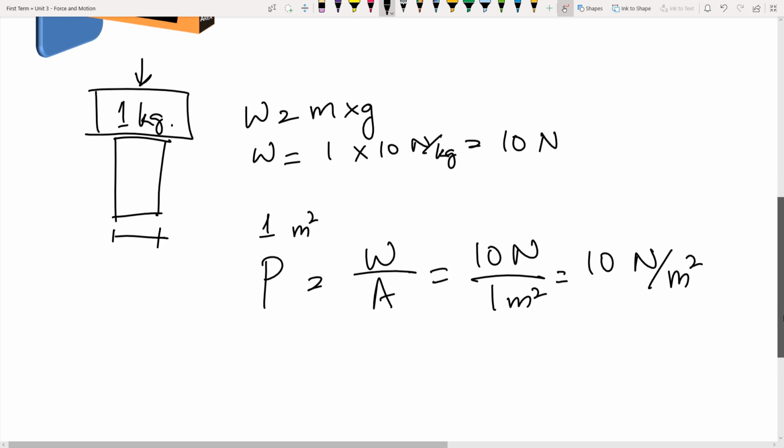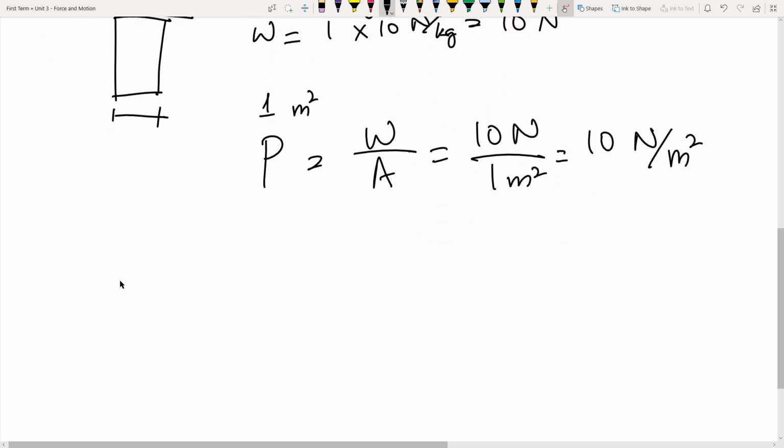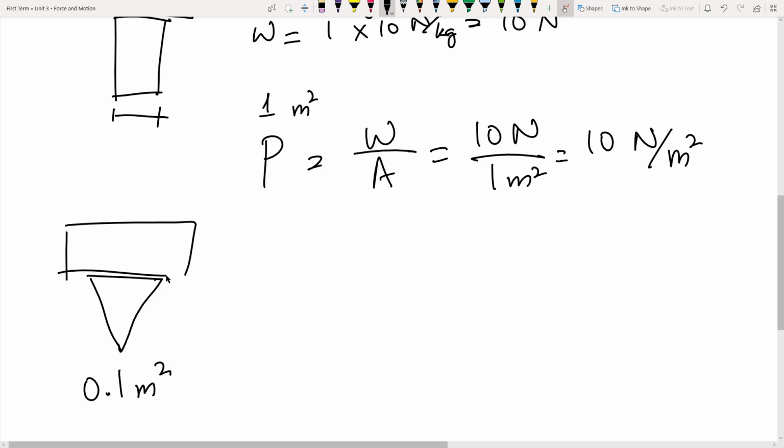That means if I reduce the area, let's say I made it pointier, it is now 0.1 meter square instead of 1, which is dividing by 10. It is the same mass, 1 kilogram, so the weight is going to be the same.